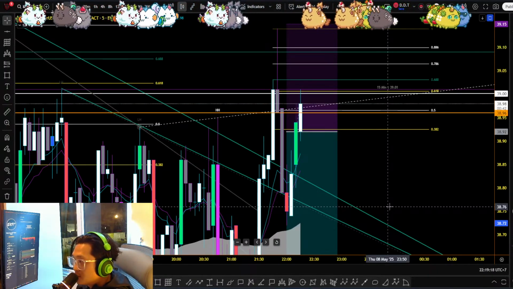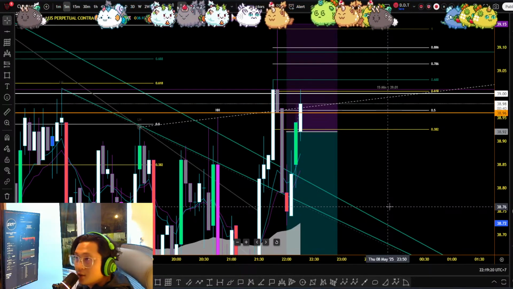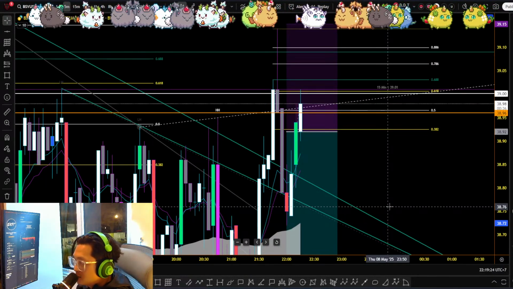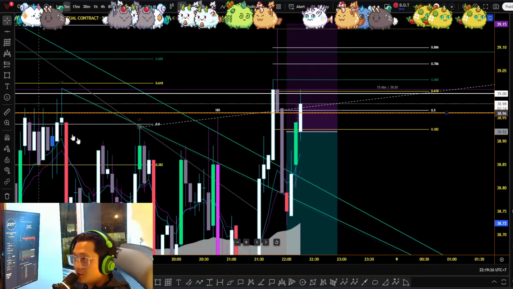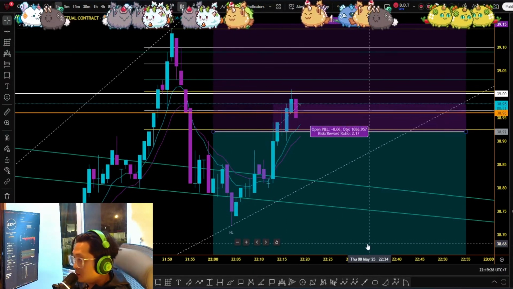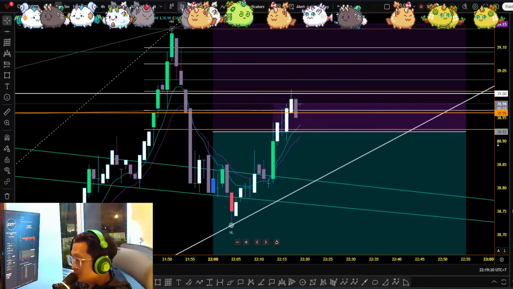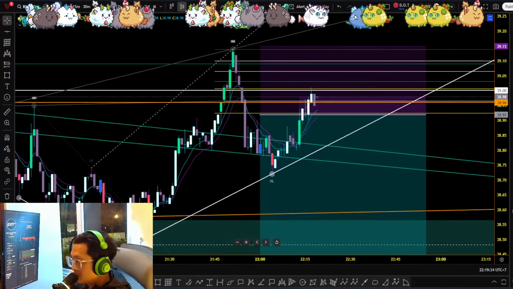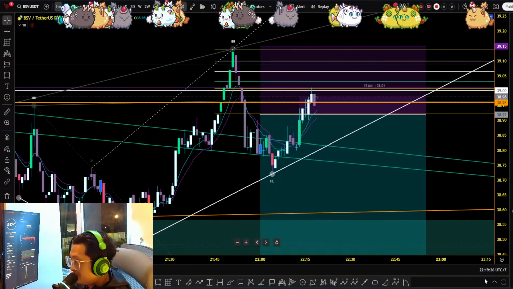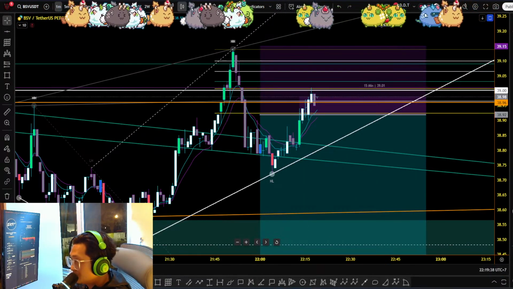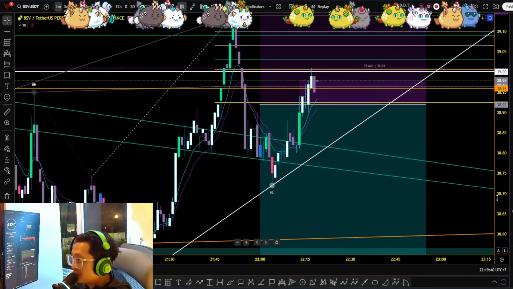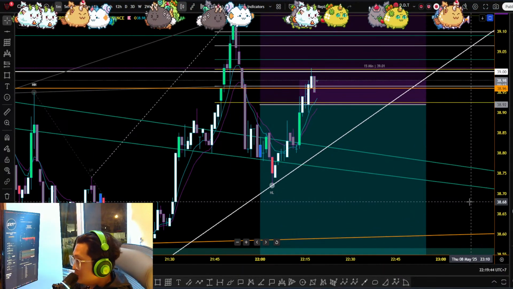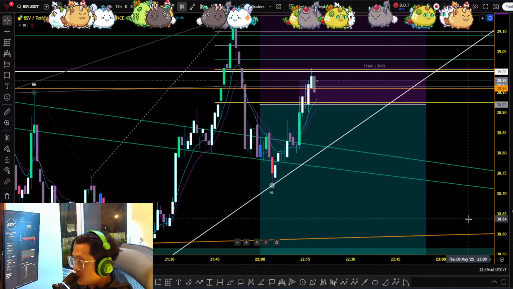So let's see how it goes. This is the 5-minute candle. 30 seconds. I'm gonna check the 1-minute candle. Still staying above the orange line. We're just gonna close it. No worries.